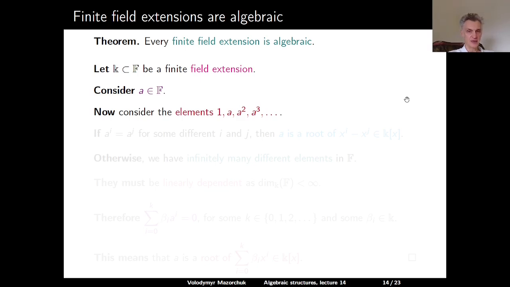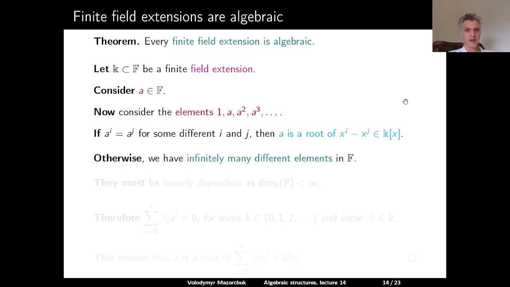So we have infinitely many elements. Of course, it is possible that there are different i and j such that a to the power i is equal to a to the power j. But then a is a root of the polynomial x to the power i minus x to the power j. That's a polynomial with coefficients in K, of course. And so this means that a is algebraic over K.